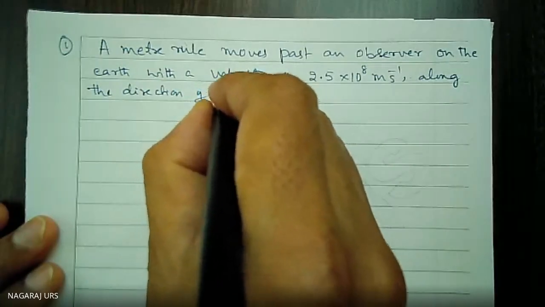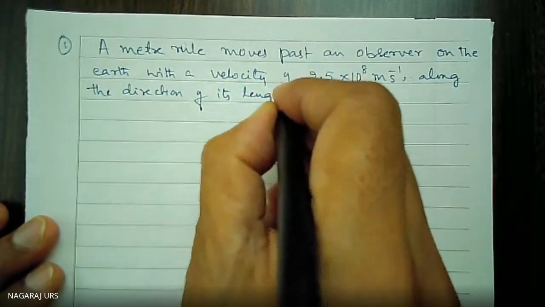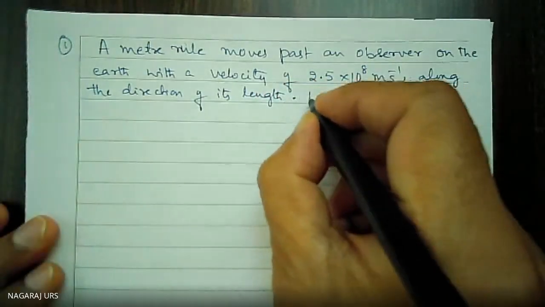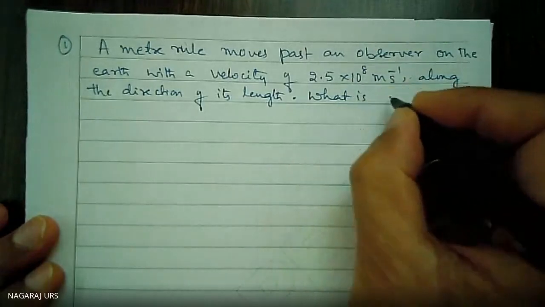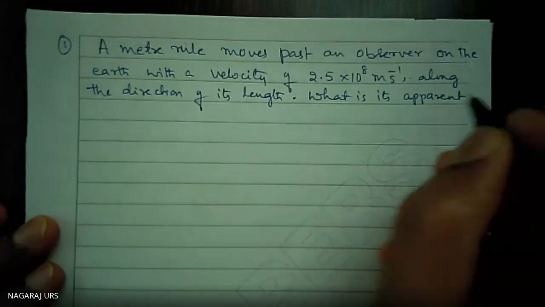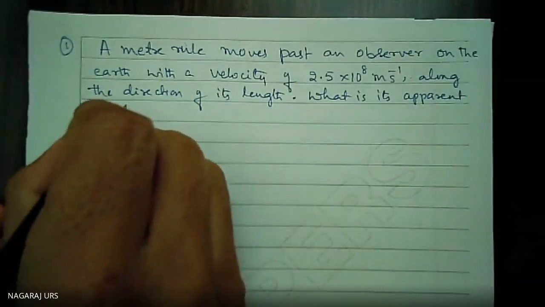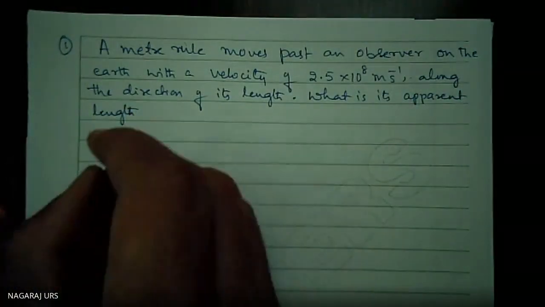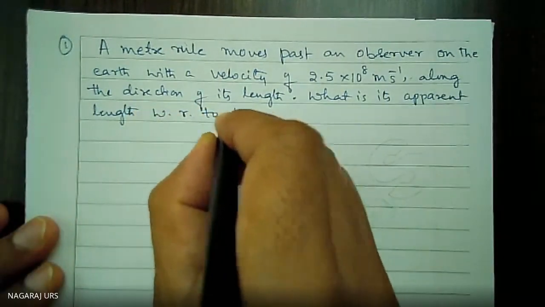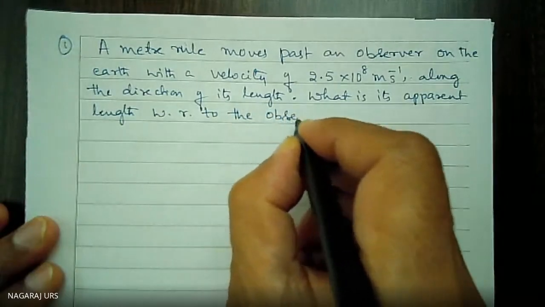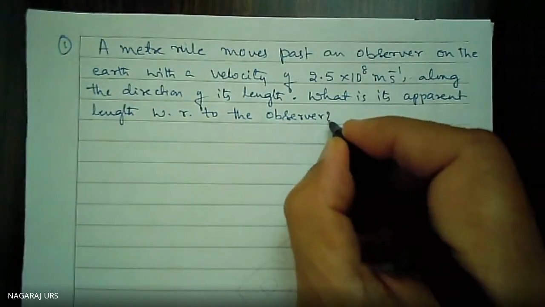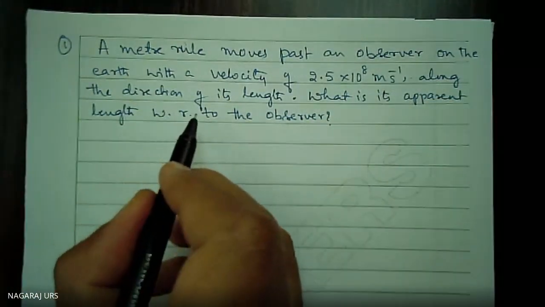What is its apparent length with respect to the observer?